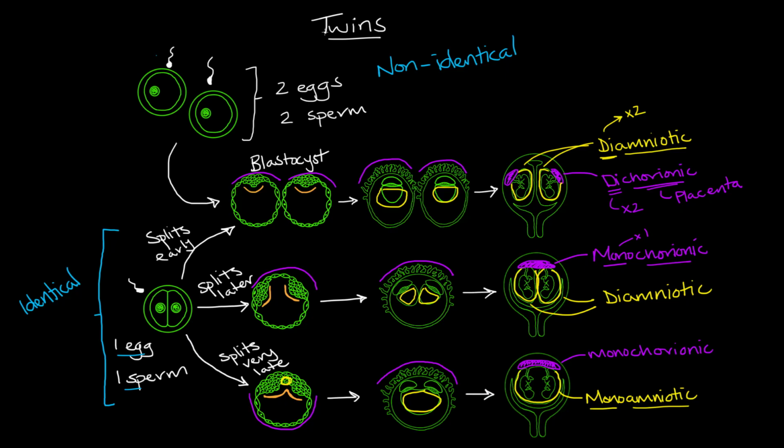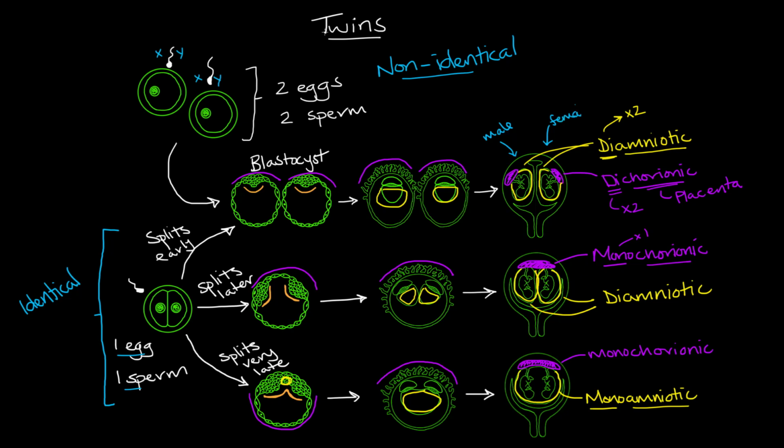And so, for example, we talked about this in the genetics video, but the dad kind of decides what the sex of the baby is, and the sperm can either be carrying an X or Y chromosome, and this sperm could be carrying an X or Y chromosome. And so in non-identical twins, you can actually have a male twin and a female twin.